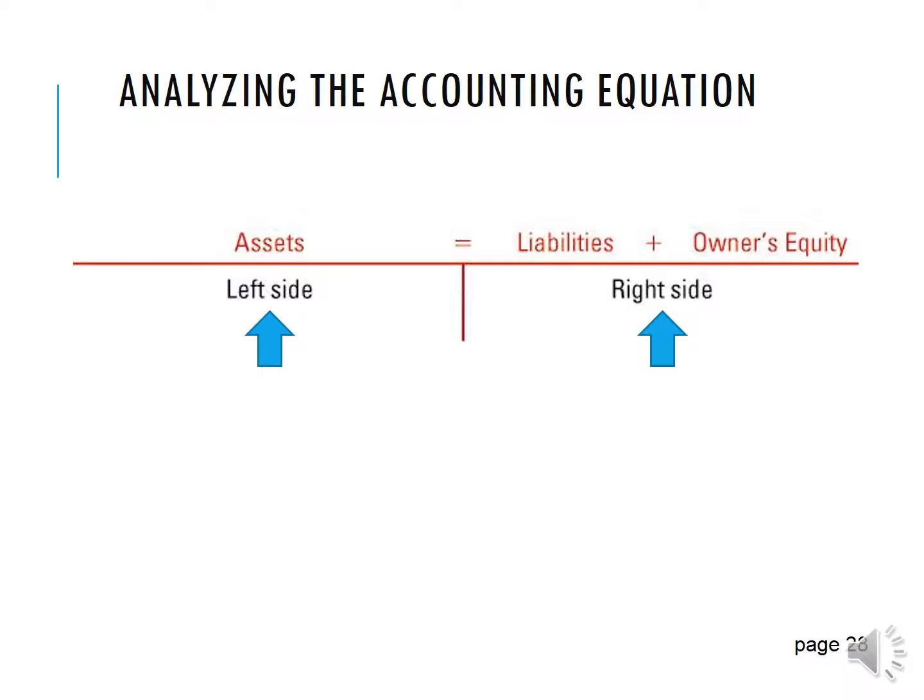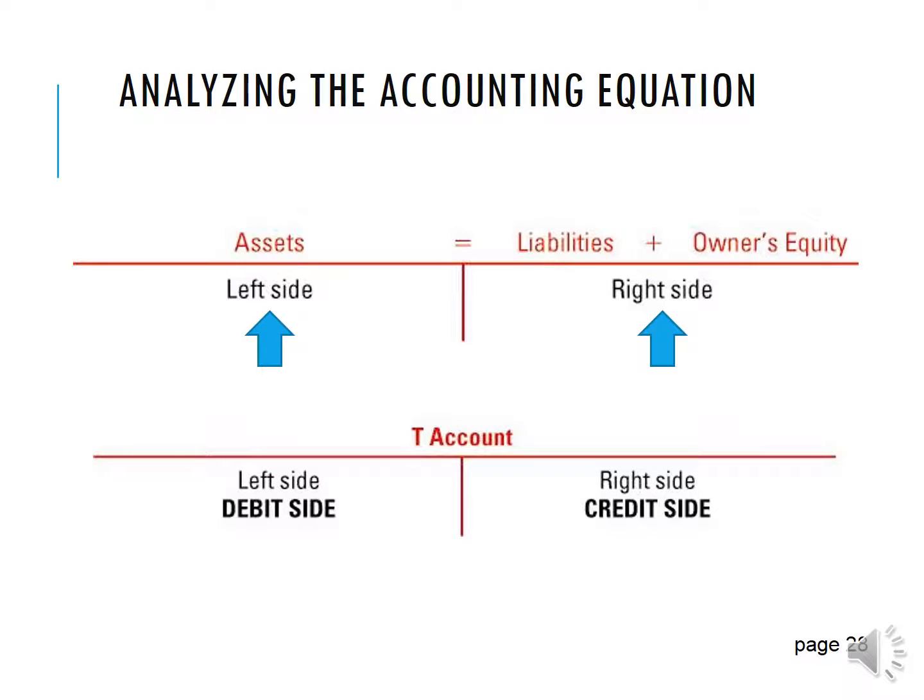To draw an individual T account, we see that the left side of any T account is called the debit side. The right side of any T account is called the credit side.